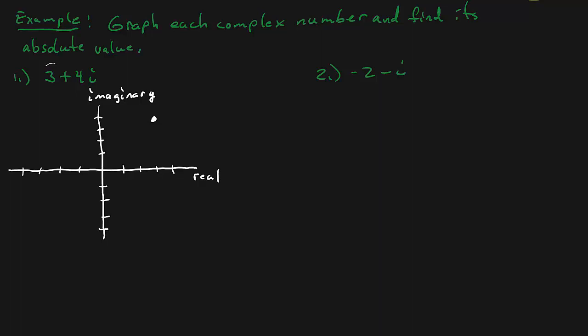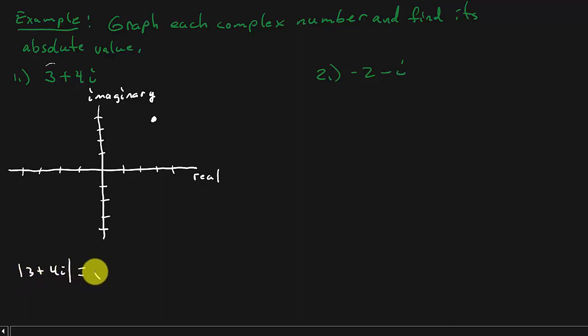That's graphing the complex number. Now they want us to find its absolute value. How do we do that? The absolute value of 3 plus 4i is the square root of 3 squared plus 4 squared, which is the square root of 25, which equals 5.